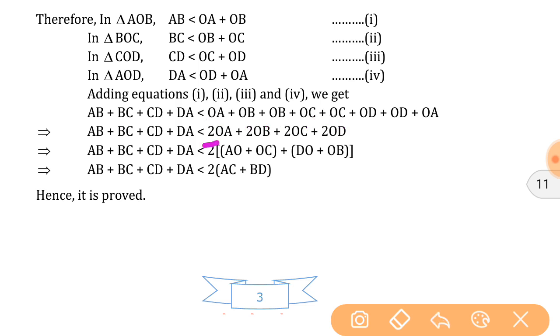In this, 2 is common, taken outside: 2 into OA plus OC, DO plus OB. Why is it written so? OA plus OC is nothing but AC. DO plus OB is nothing but BD. See, the rule has come. It is reversed, that's all. So hence it is proved.